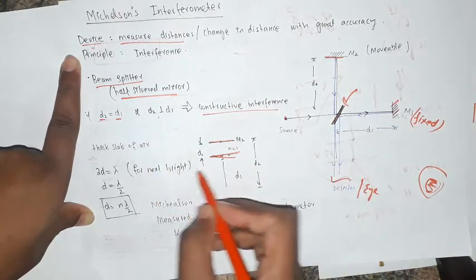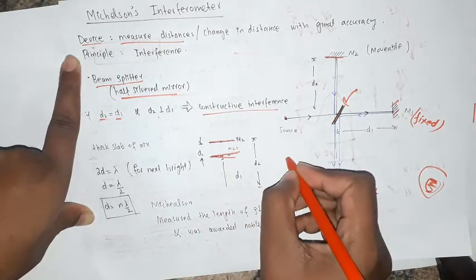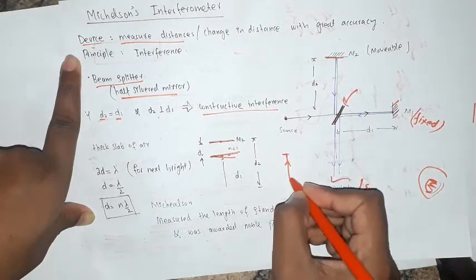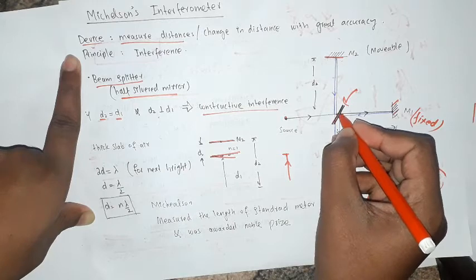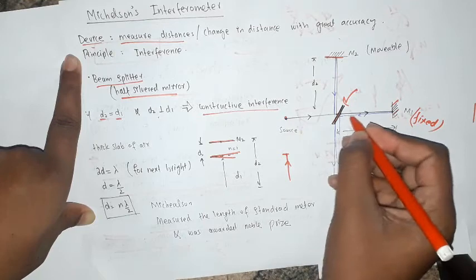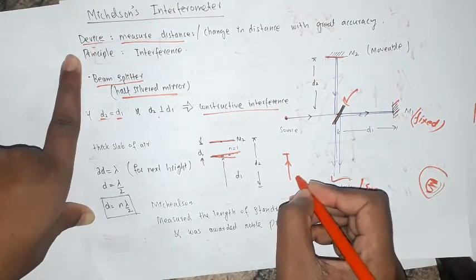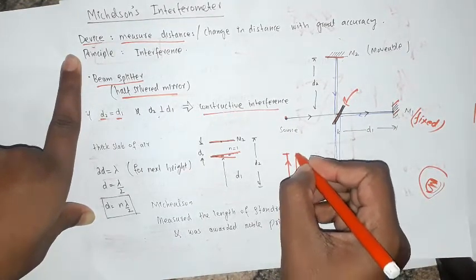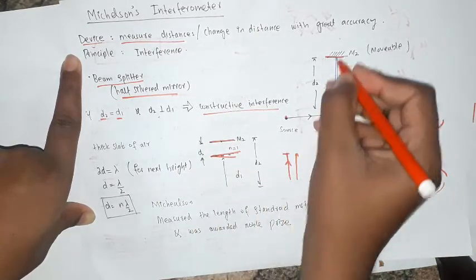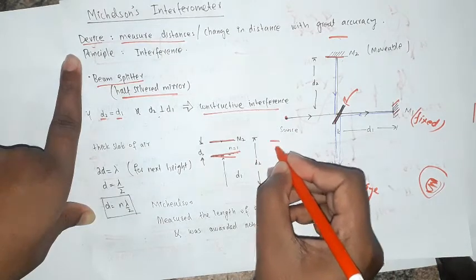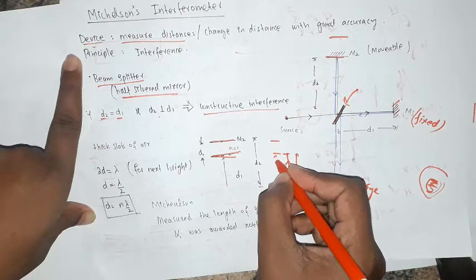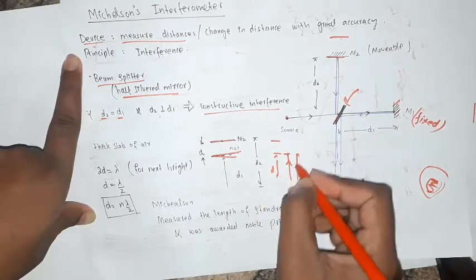If D2 is perpendicular to D1, we can assume the light was coming from here and reflecting here, and since the distance is the same, the same light comes here and gets reflected. But now that we have moved M2, this distance D2 increases. So now this is our D1 and this is D2.